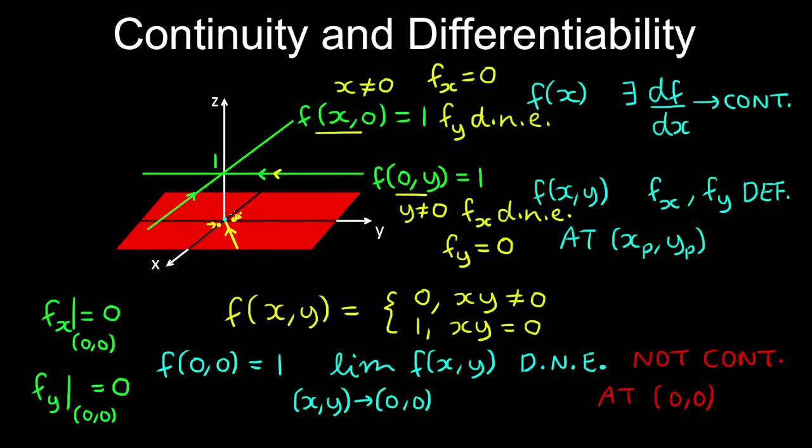So therefore, taking an open disk that's centered around this point, then for the function to be continuous, the partial derivatives must exist in the neighbourhood of this point.